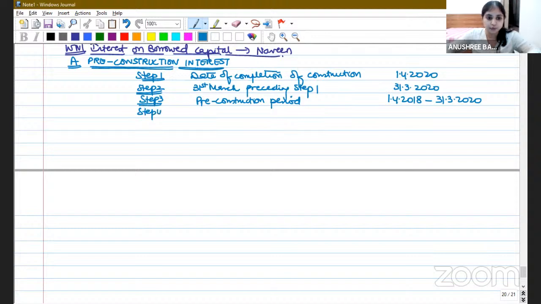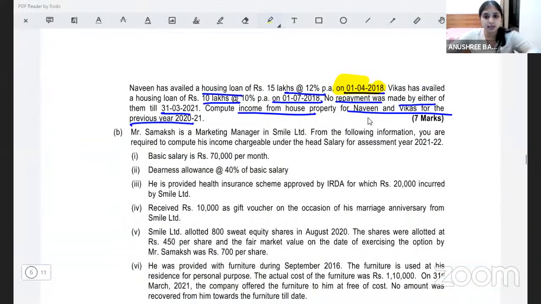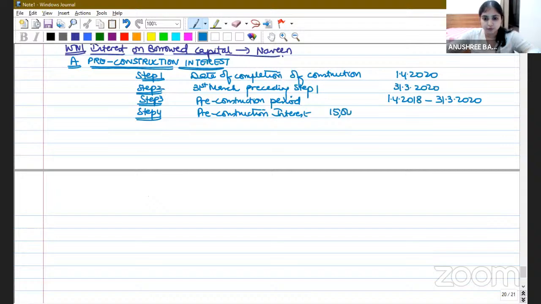Then step 4. Step 4 will be the pre-construction interest. Pre-construction interest is nothing but for this period, how much interest have you paid? How much loan did Mr. Naveen borrow? He borrowed a loan of 15 lakh rupees. So 15 lakh rupees into, at what rate did he borrow? 12% he borrowed. And what is the period? 1st April 2018 to 31st March 2020. This is going to be 2 years, right?